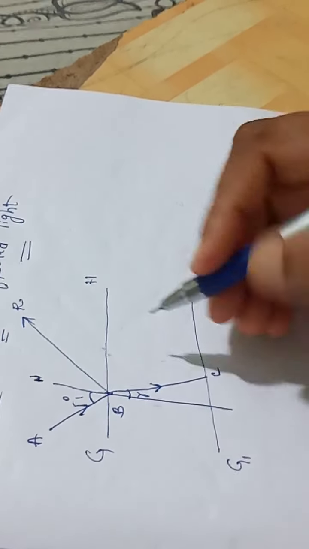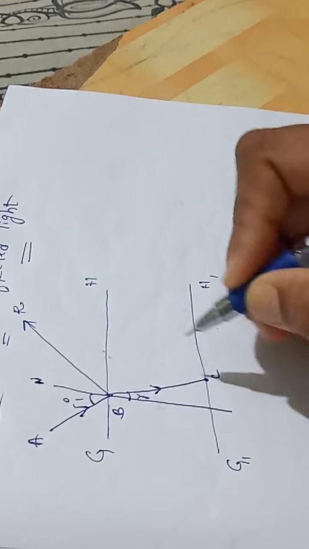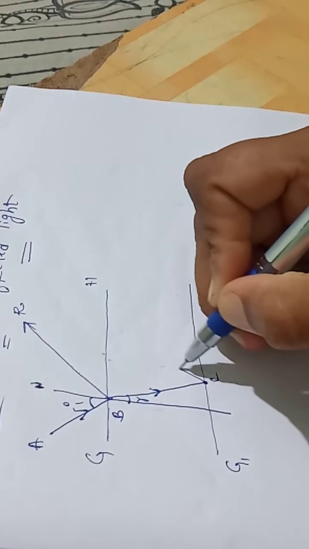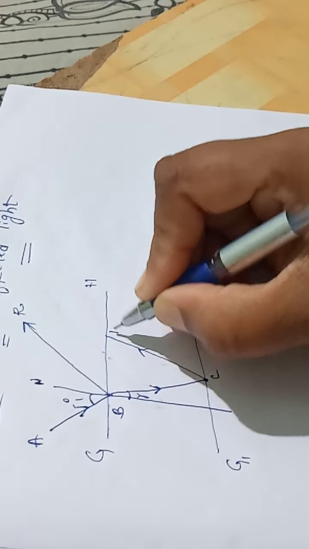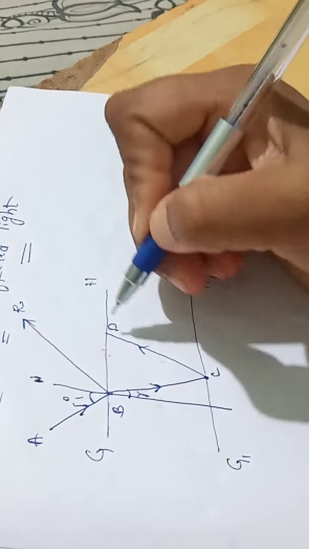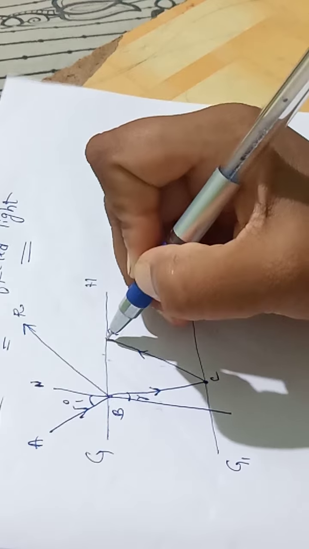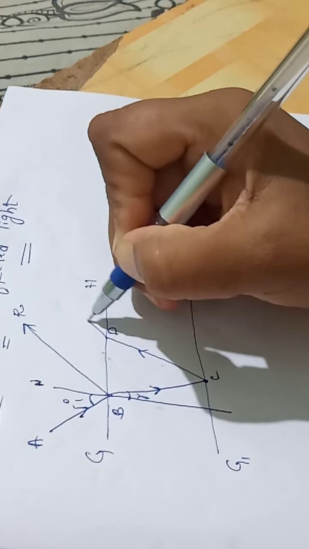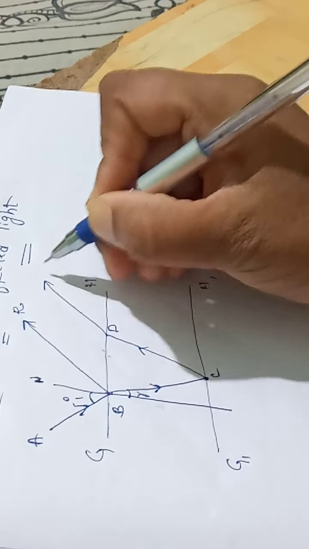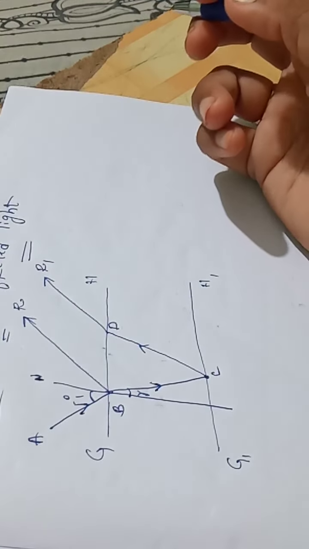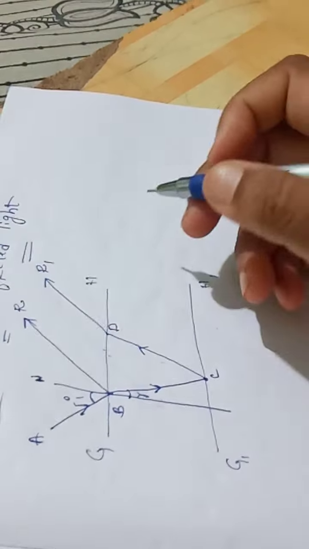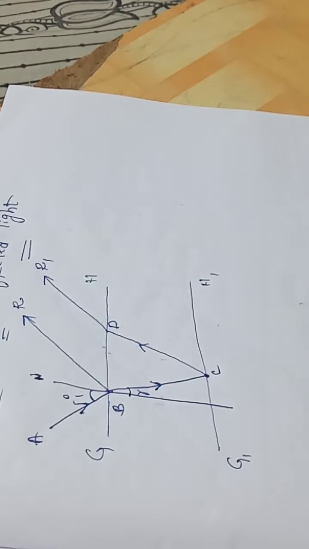Now at C, again it partially reflects along CD, and at D again it partially reflects and partially transmits along DR1. Now here the condition for interference is satisfied.